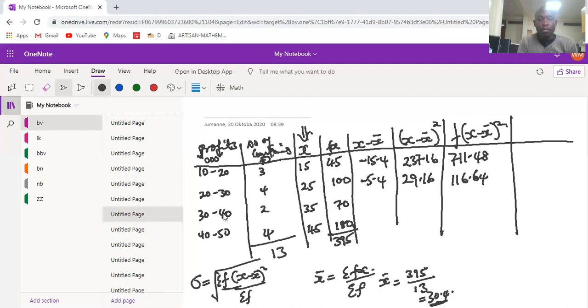You come here, our x is 35 minus 30.4. You get it is 4.6 squared, 21.16 times 2, which is f, 42.32.